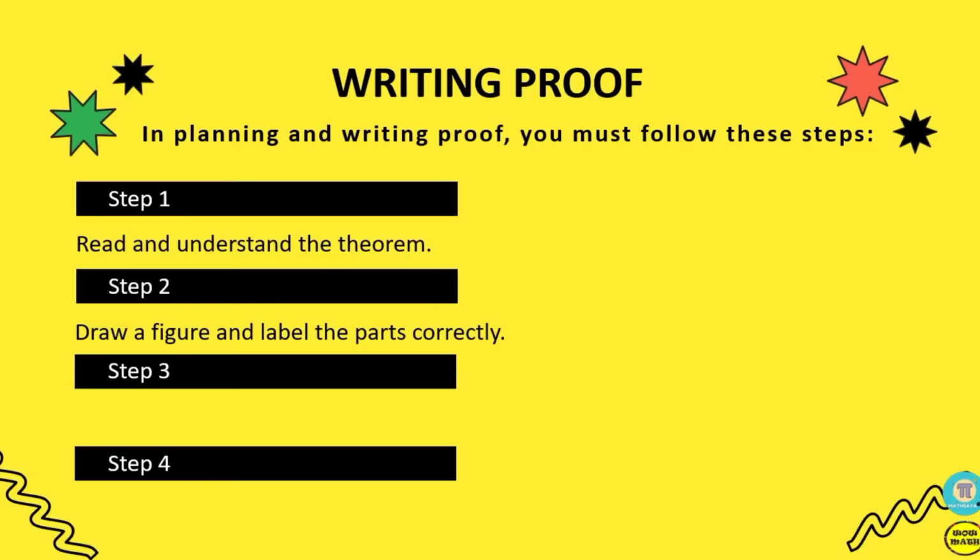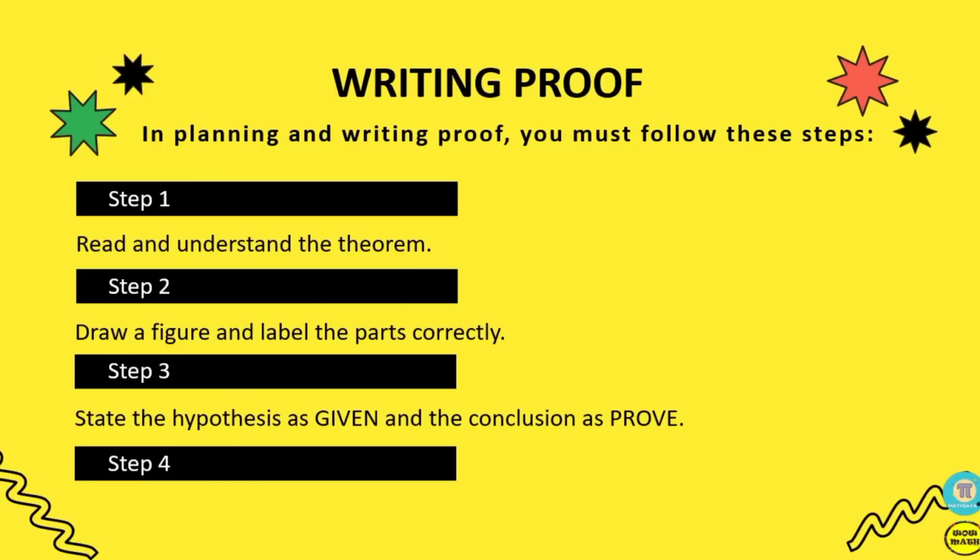Kung meron tayong nakikita na picture, na illustration, mas madali nating makikita. Halimbawa, gumagawa tayo ng statements and then hahanapin natin yung reason, babalik-balikan mo yung figure mo. Doon ka titingin. Okay? Mahirap mag-prove na ang illustrations ay nasa isip mo lang. So, i-drawing mo yan. Okay?